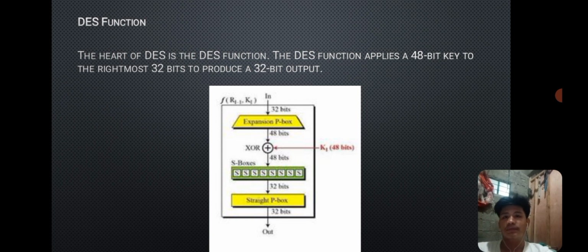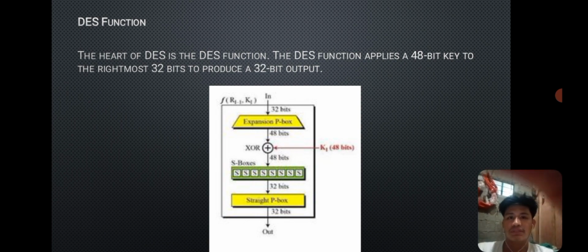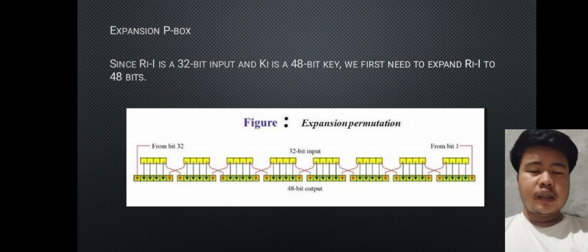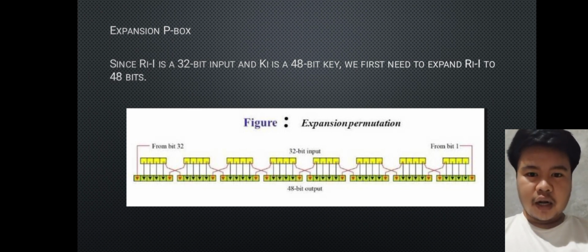And this is the figure of the DES function. Since Ri is a 32-bit input and Ki is a 48-bit key, we first need to expand Ri-1 to 48 bits.